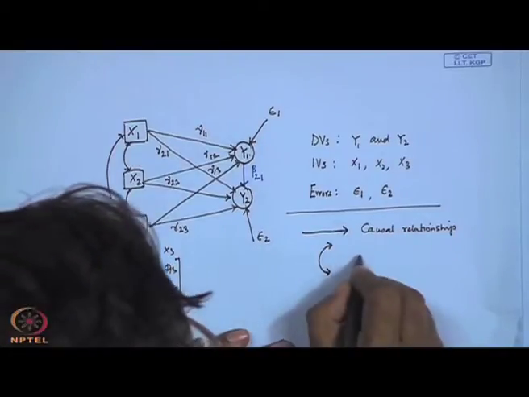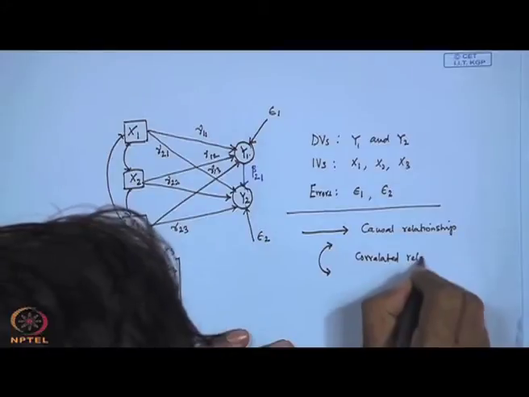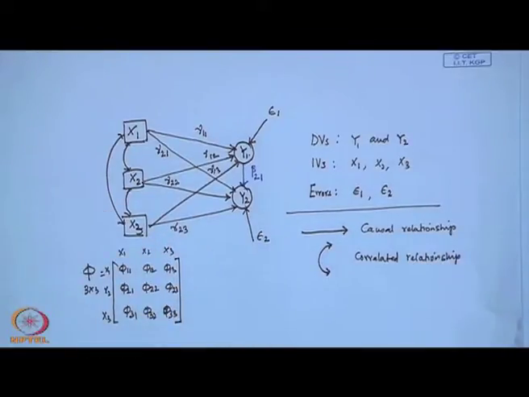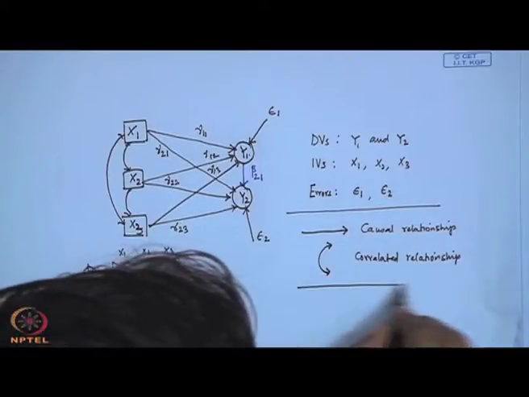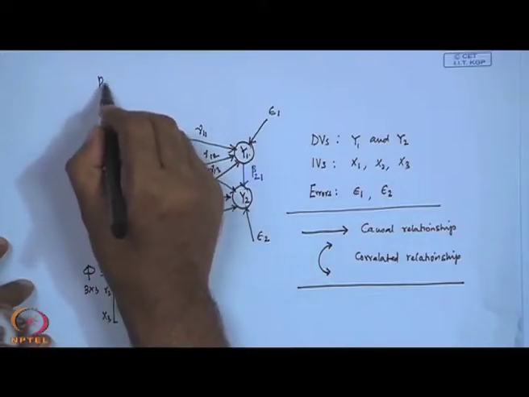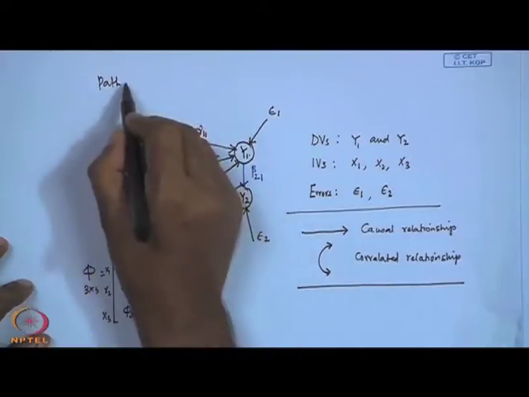This is known as a correlated relationship. So, these two types of relationships are estimated in a path model.